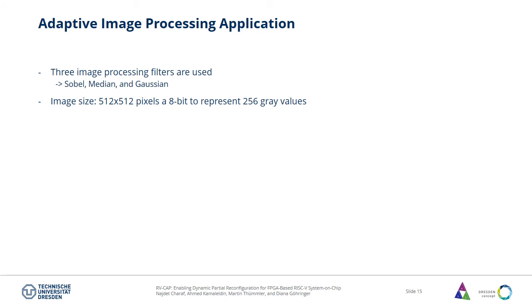The RMs, or the functionality here, are also running at 100 megahertz. The images are stored in the DDR memory to be loaded by the RVCap controller, as I mentioned before, in the second mode, the accelerator mode.